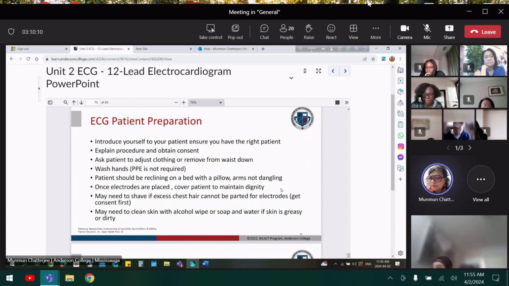Sometimes if it is too dirty, it's going to give you AC current artifact, or the electrode is going to come out, or it's not going to get the proper signal. If there is a lotion or cream or dirt, it's going to interfere with the ECG. So you have to wipe that area with alcohol to clean it.